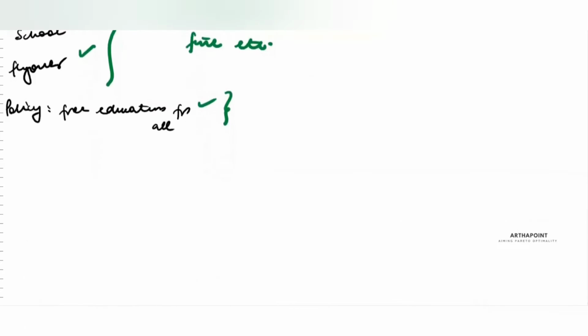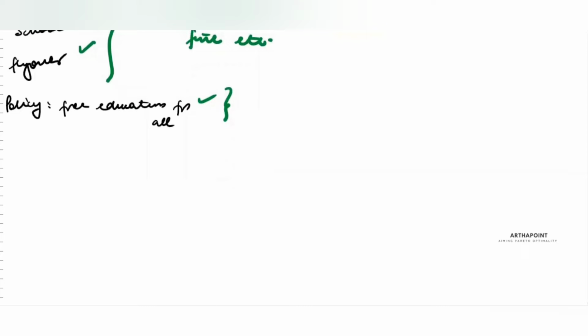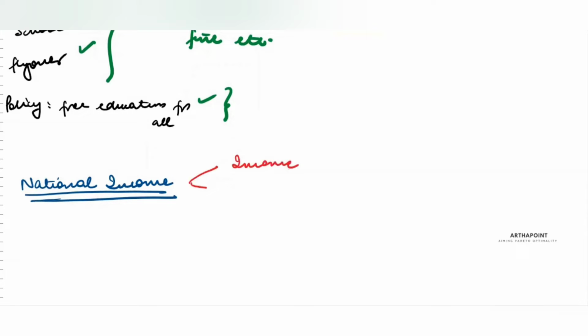Now, please try and remember that national income of any economy can be calculated using three methods: income method, value-added method, and expenditure method.